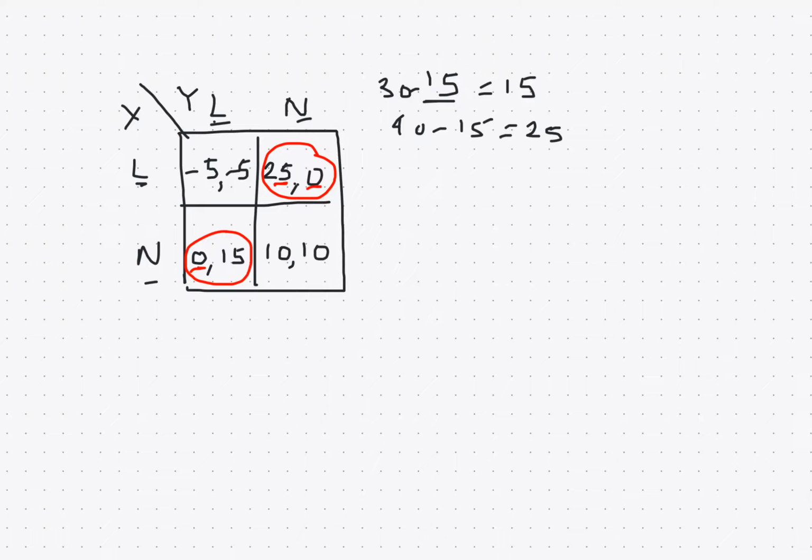So here they match best responses, and that's your Nash equilibrium in the pure strategy. And if firm X does not lobby, then the best response for firm Y is to lobby, right? 15 is better than 10. So here again, the best responses match. So that's your Nash equilibrium. So we have two Nash equilibria in this game in the pure strategy.